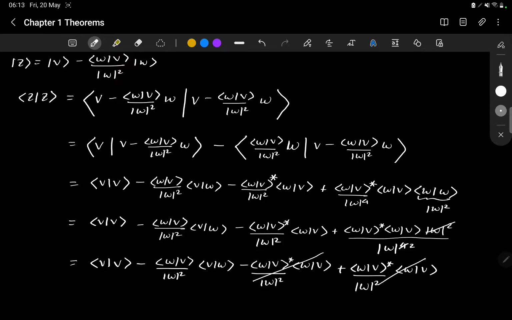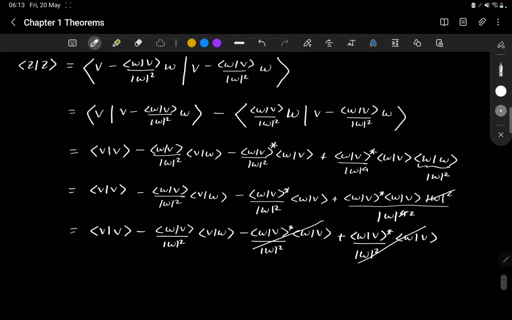They are identical. So we get the following.